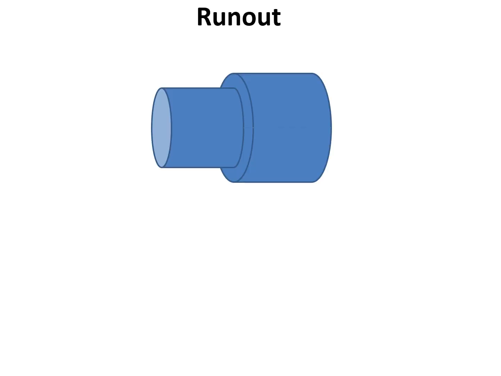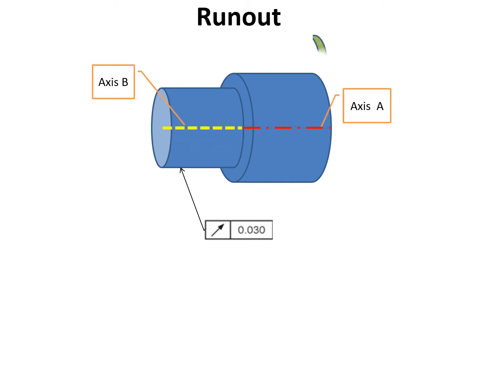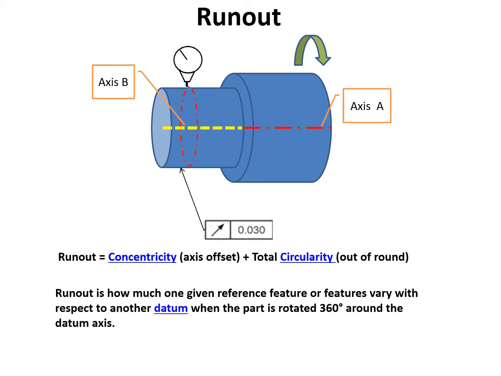Let us consider an example. Here runout is mentioned as 0.3 with axis A and axis B, a component which is having 2 diameters, and the first one's axis we can call axis A, the second one is axis B. If I am rotating with respect to A, we have to measure the variation in axis B. So runout is nothing but concentricity, that is axis offset, plus total circularity.